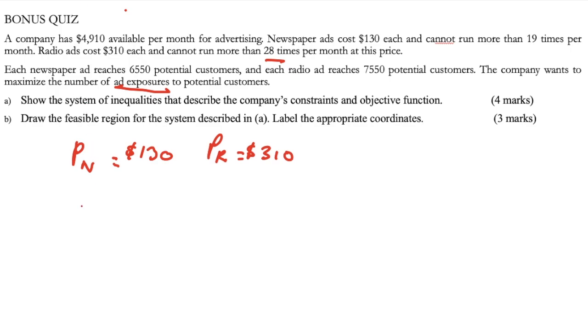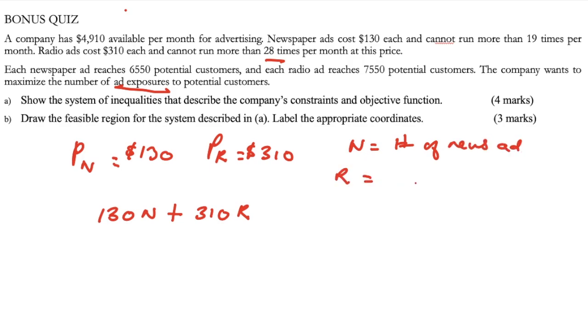Now, write the constraints. The budget constraint here is 130 N plus 310 R, where N is the number of newspaper ads and R the number of radio ads, less than or equal to 4,910.